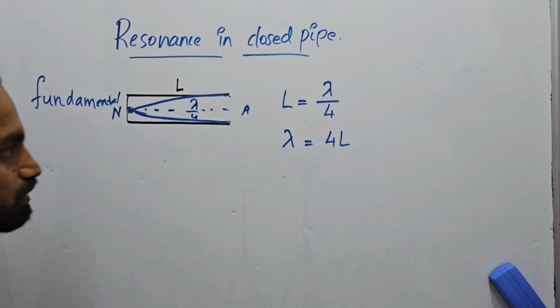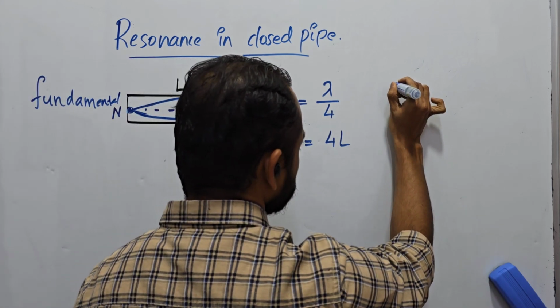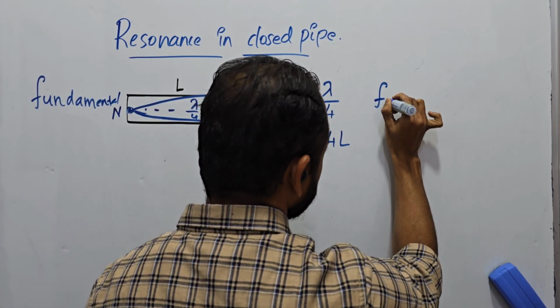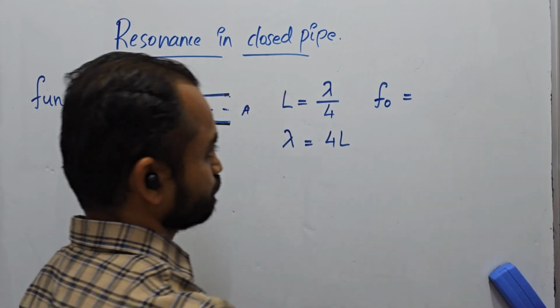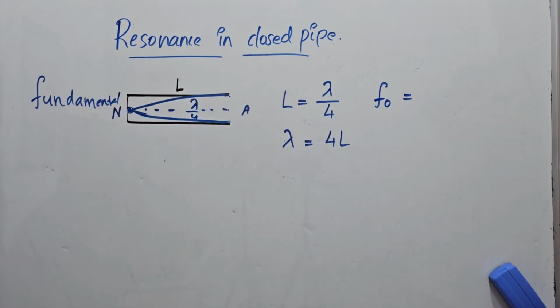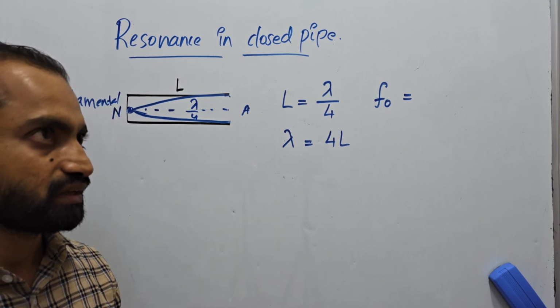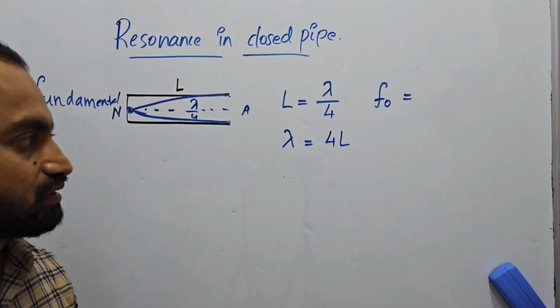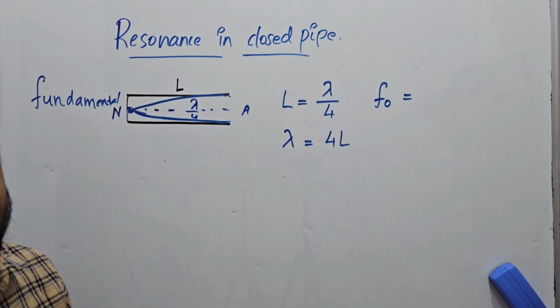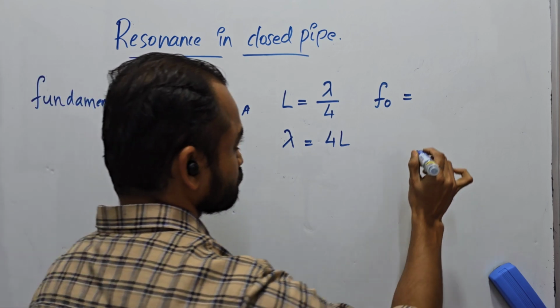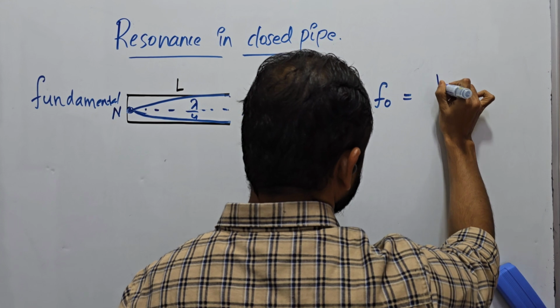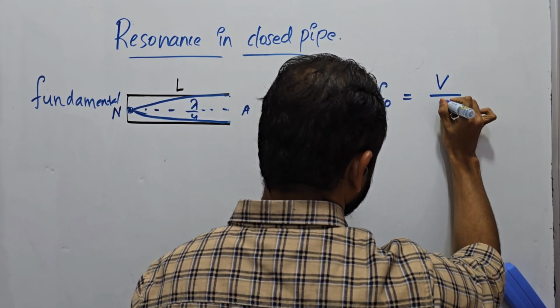Okay, so what is the frequency of the fundamental wave? Fundamental frequency, I will write f0. What is the equation for frequency? In the wave equation, frequency is equal to 1 over time period. That is correct. In terms of wavelength, what is frequency? Very good. Everybody knows.